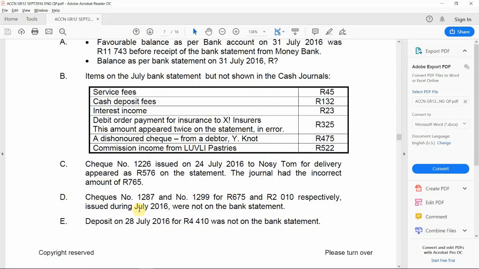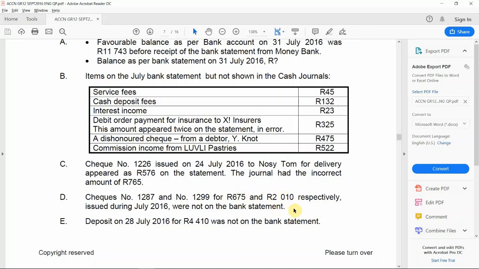So moving on to D, checks number 1287 and number 1299 for 675 and 2010 respectively, issued during July 2016, were not on the bank statement. So therefore we will have to go and add it on our equivalent of the bank statement, namely the bank recon.